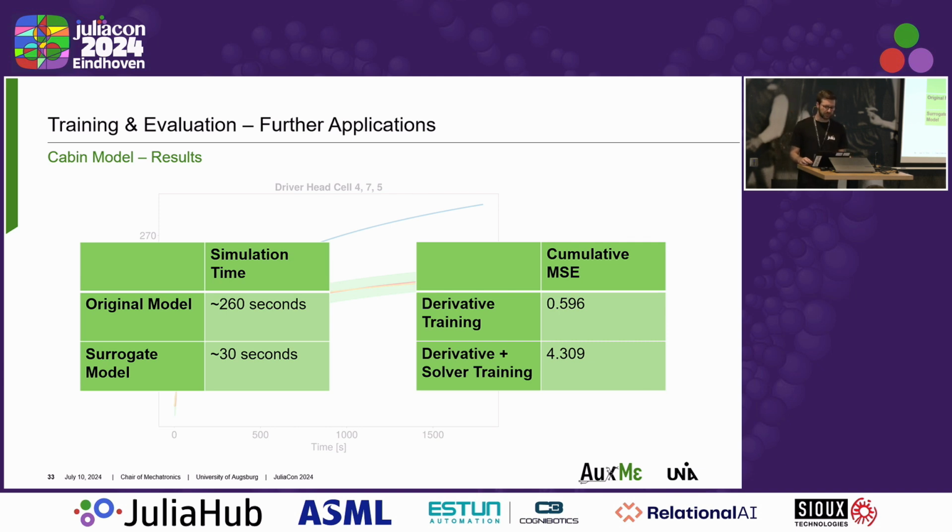And like previously for the hydraulic brake pipe, we also show that, oops, that is my mistake. I messed up the numbers. They should be the other way around. The derivative-based training is, of course, the one with the 4.3 mean squared error, and the derivative plus solver-based training is the one with 0.596. So just a little mix-up.